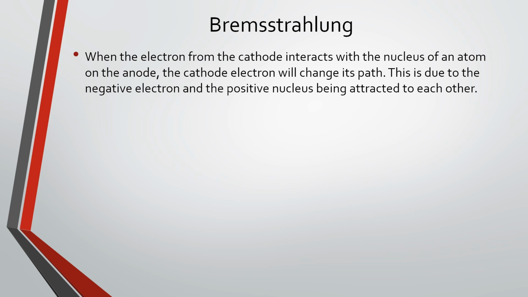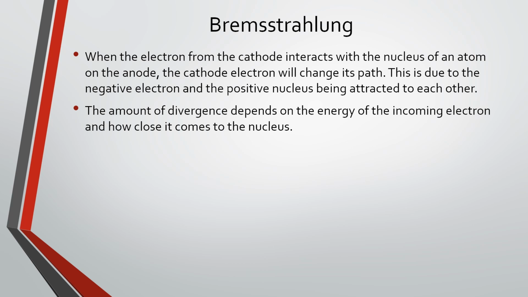So the electron, as it's coming in to interact with an atom, is traveling very fast and wants to continue in a straight path, but it's negatively charged. The nucleus is positively charged, so that positive charge is going to attract the electron to it. The amount of divergence depends on the energy of the incoming electron and how close it is to the nucleus.